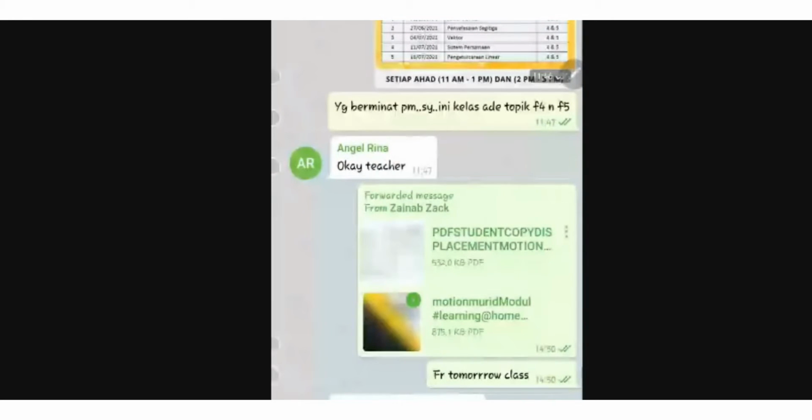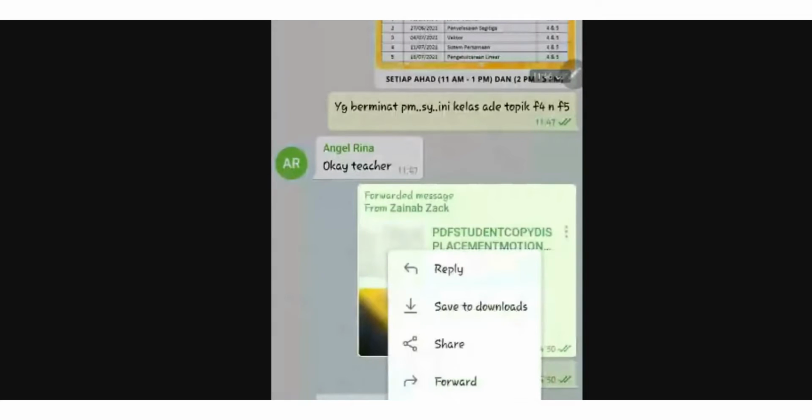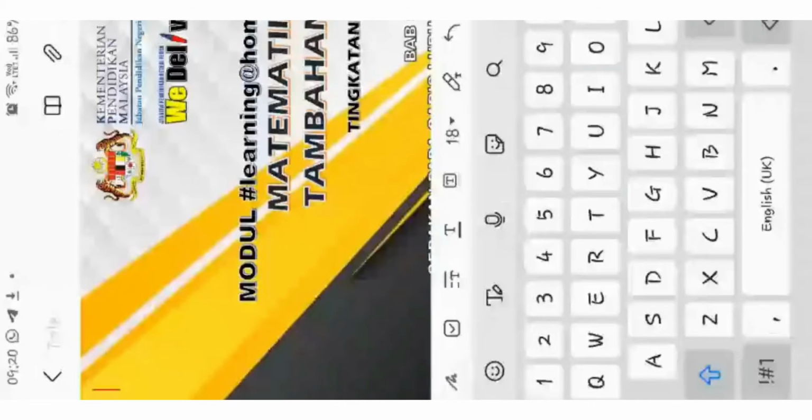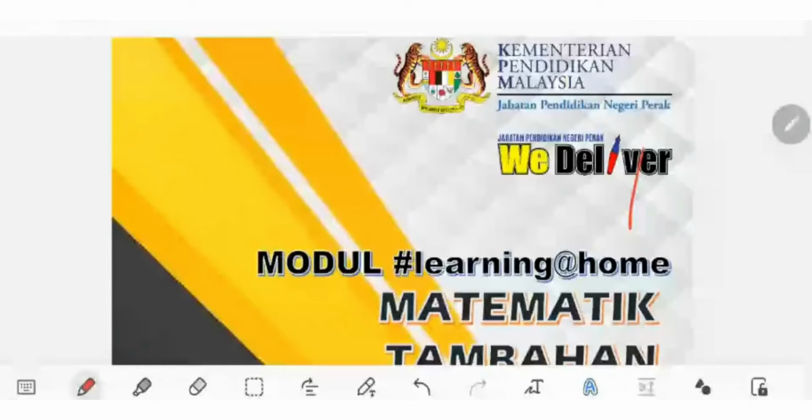Share. Okay, tengok nota ni saya dah share ke group. Cuba you pergi tengok. Atau siapa yang dah print tu, tengoklah. Tapi dia dalam BM, it's okay, never mind.